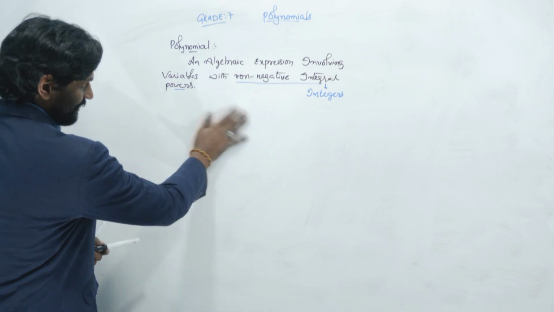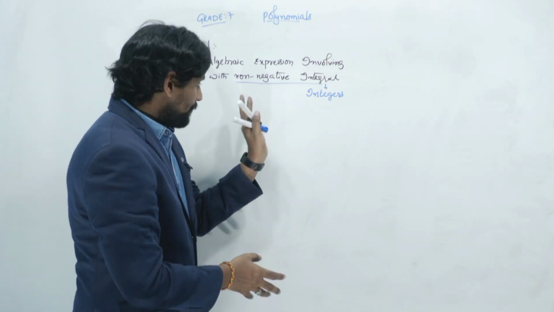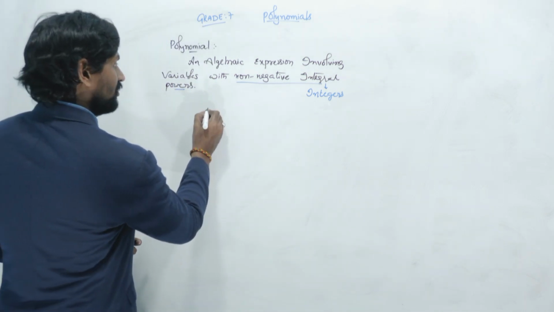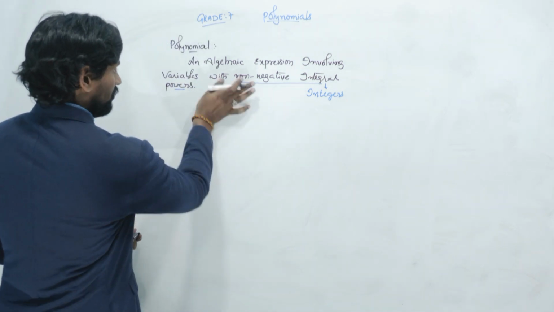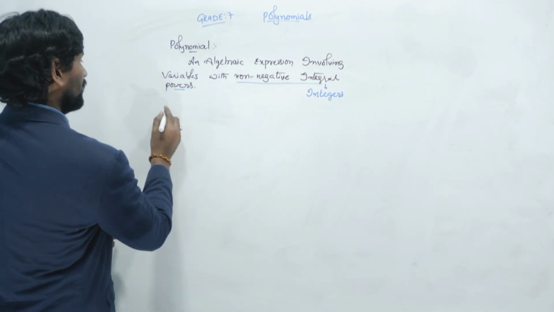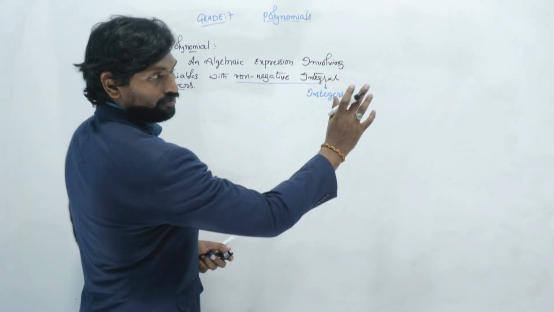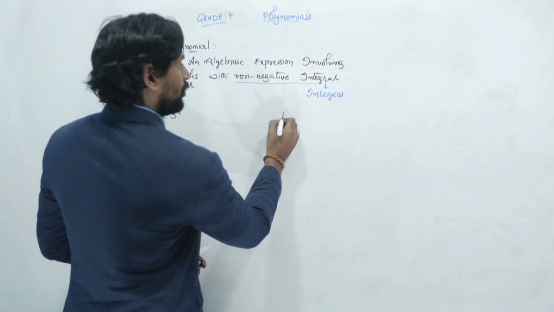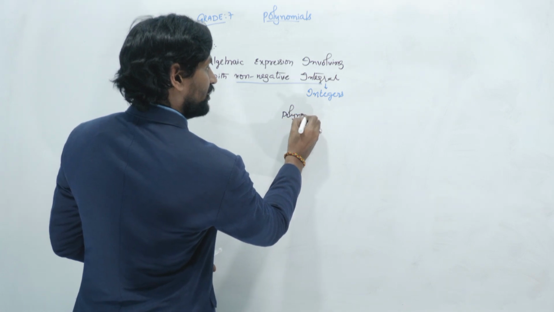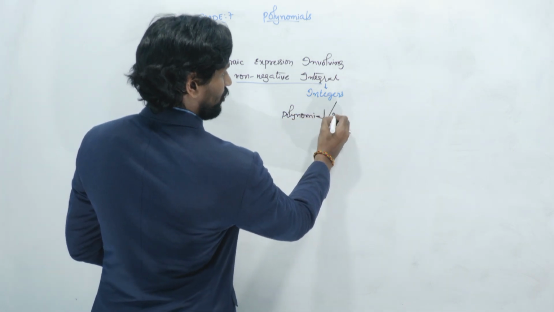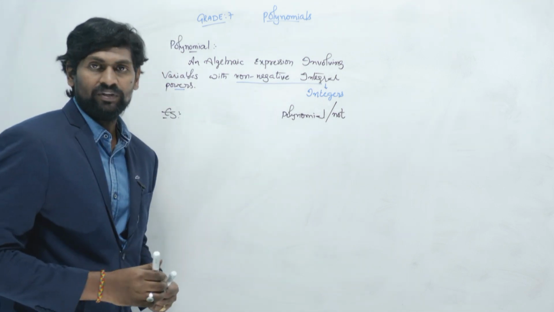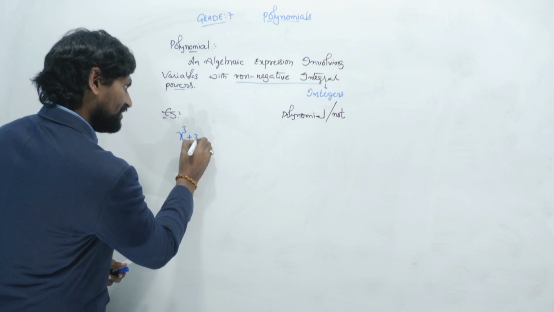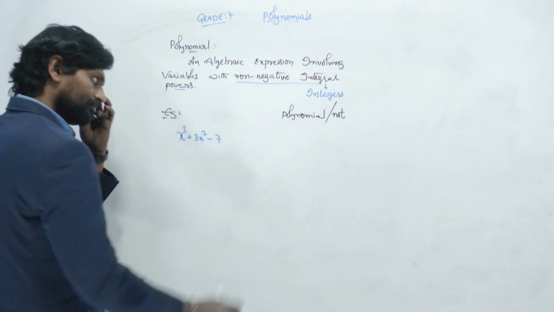Let us see some examples of which are polynomials and which are not. Let us see whether an algebraic expression is a polynomial or not; we need to decide according to the definition. Now I am giving the expression x cube plus 3x squared minus 7.